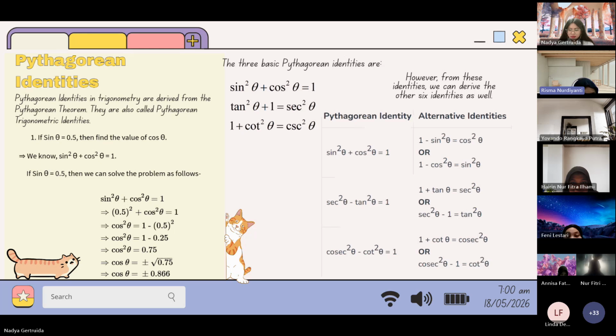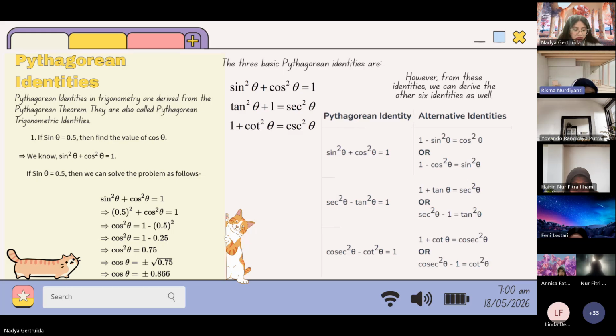From these identities, we can also derive several equivalent identities. From the first identity, sine square theta plus cosine square theta equals 1, we get 1 minus sine square theta equals cosine square theta, or 1 minus cosine square theta equals sine square theta.